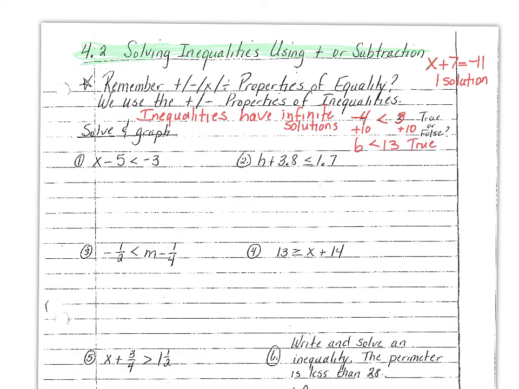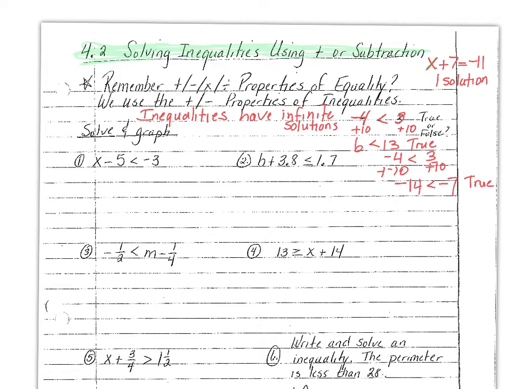If I subtract 10 from both sides, that's negative 14. Is that less than negative 7? Yes, so that's still true. So regardless, if we add or subtract the same number on both sides, it's not going to change anything.